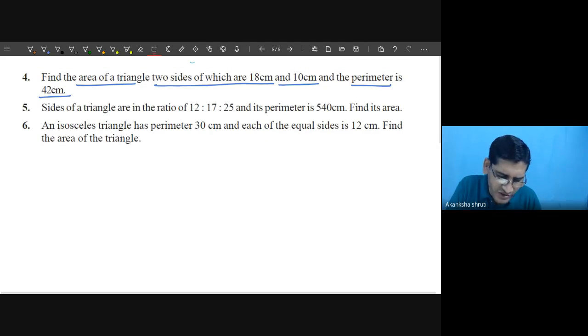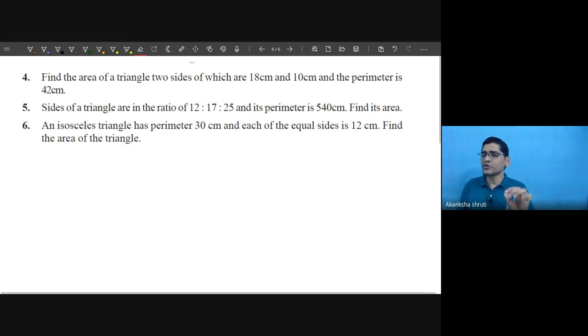So the ratios, students, we have learned in case of the angles that wherever the ratio is there, you need to take a common factor. You calculate that factor by applying the known condition, then multiply each of the given ratio with that factor to get the exact value, then apply the formula.